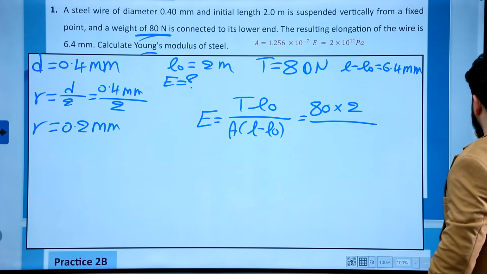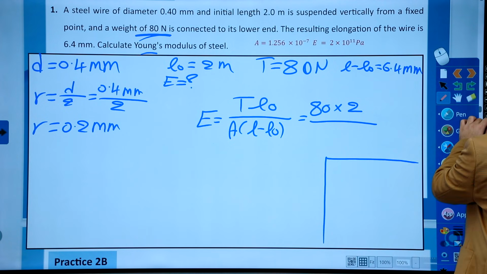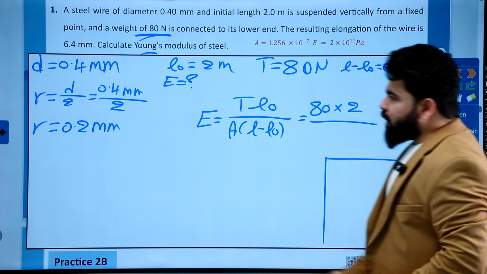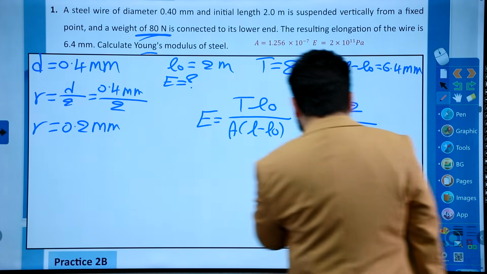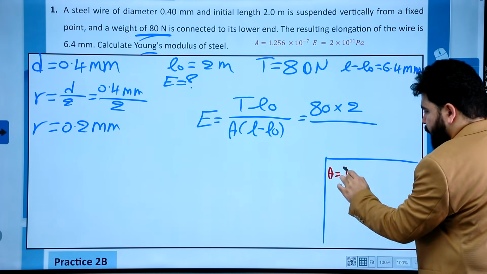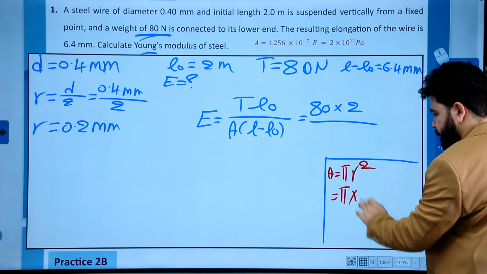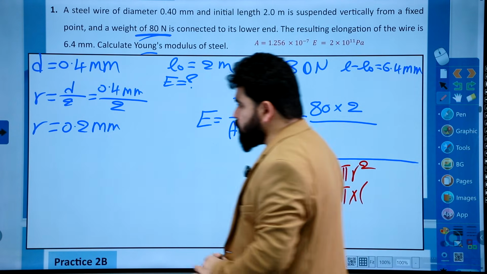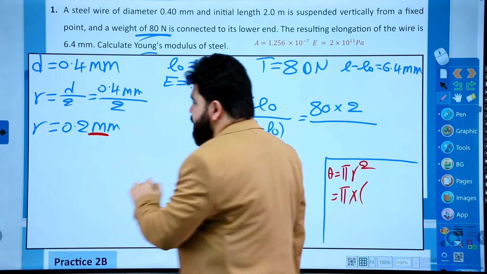Area is equal to what? Why do we always change diameter to radius? Because I needed to find the area. Area is equal to pi r squared, pi multiplied by radius, which is 0.2 millimeter. But don't make the mistake of using it like this. I need this in meters.